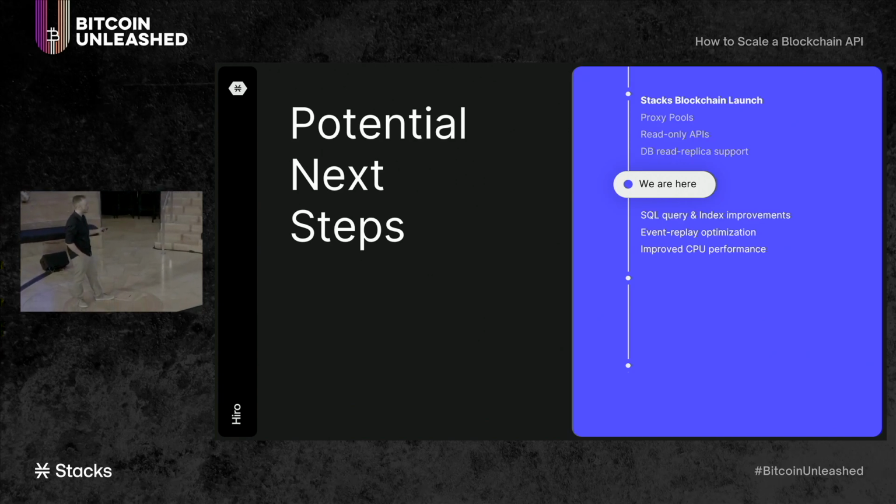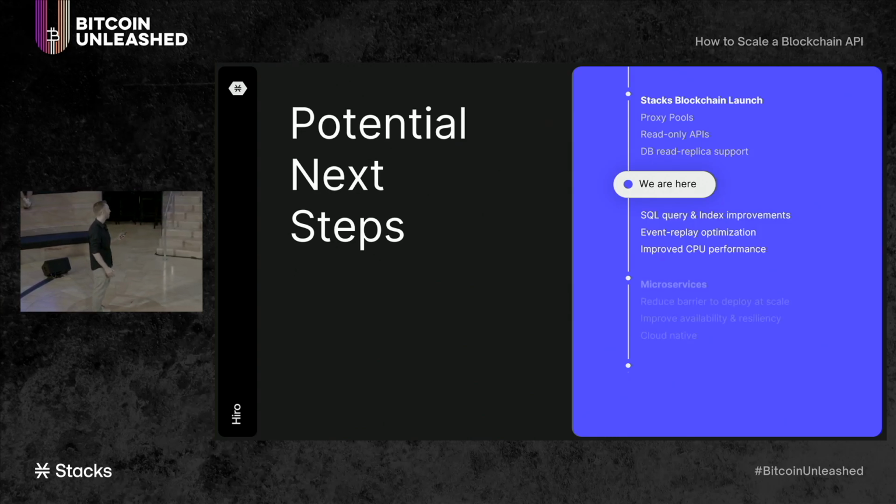Event replay optimization, so that whenever there's a large upgrade for the Stacks blockchain API, it's able to get back up to working mode much quicker and improve CPU performance, so that whenever the API is connecting to the Postgres database on the back end or responding to requests, it does it much more efficiently.